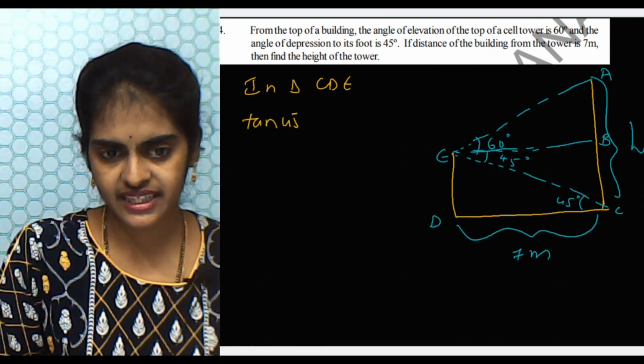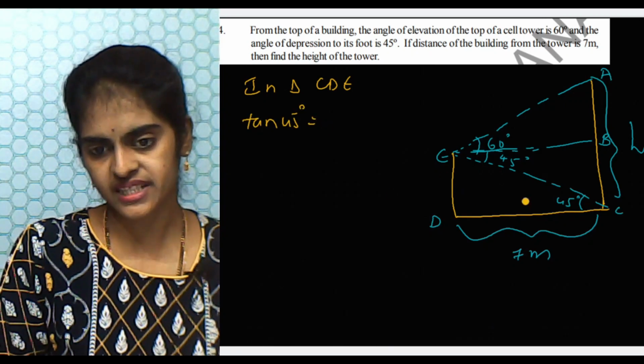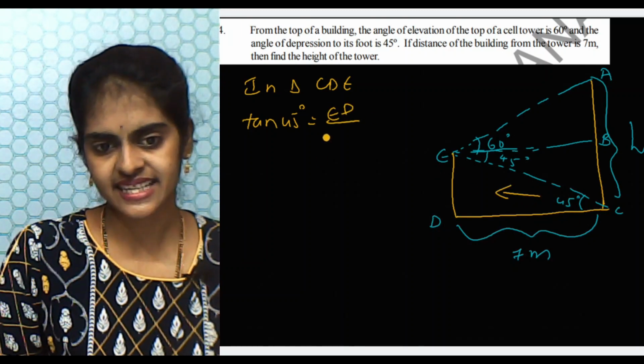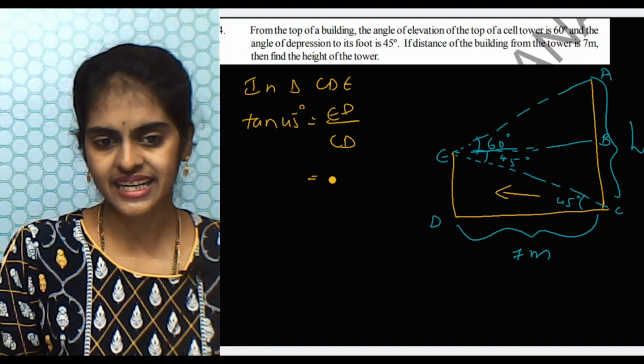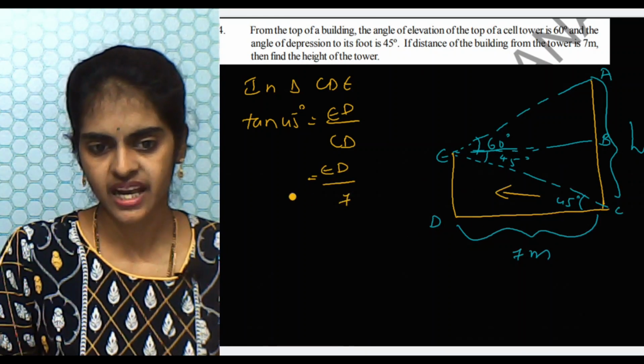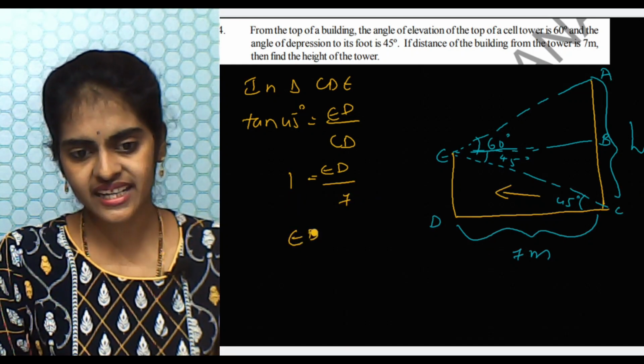Tan 45 degrees is the opposite side of this angle, ED, by CD. You don't know the height ED, so keep it as ED by CD, which is 7, and tan 45 is 1. So ED is nothing but 7.